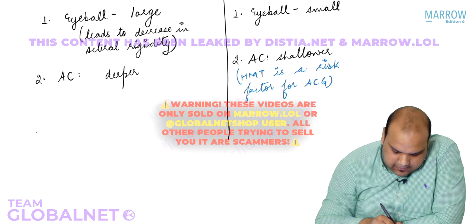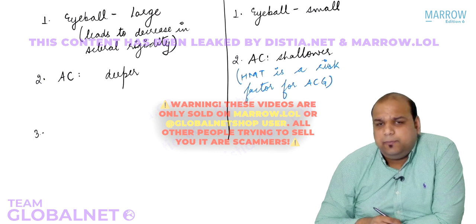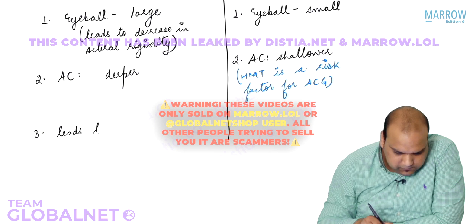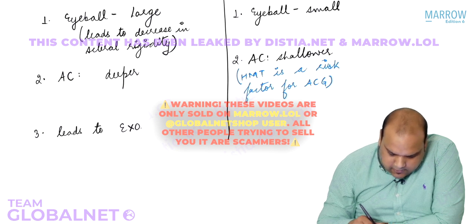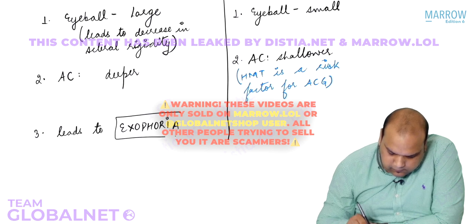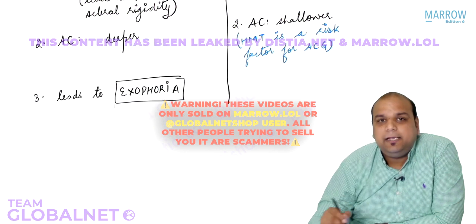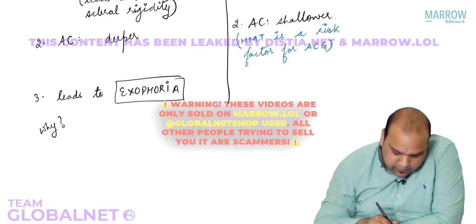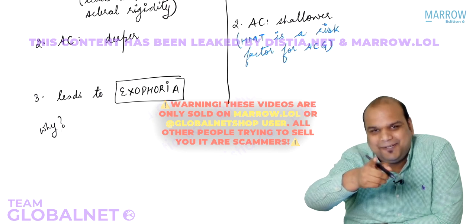Then, thirdly, everybody, a very important point: myopia leads to exophoria. The question is why? Exo means which deviation, everybody? Outward deviation.